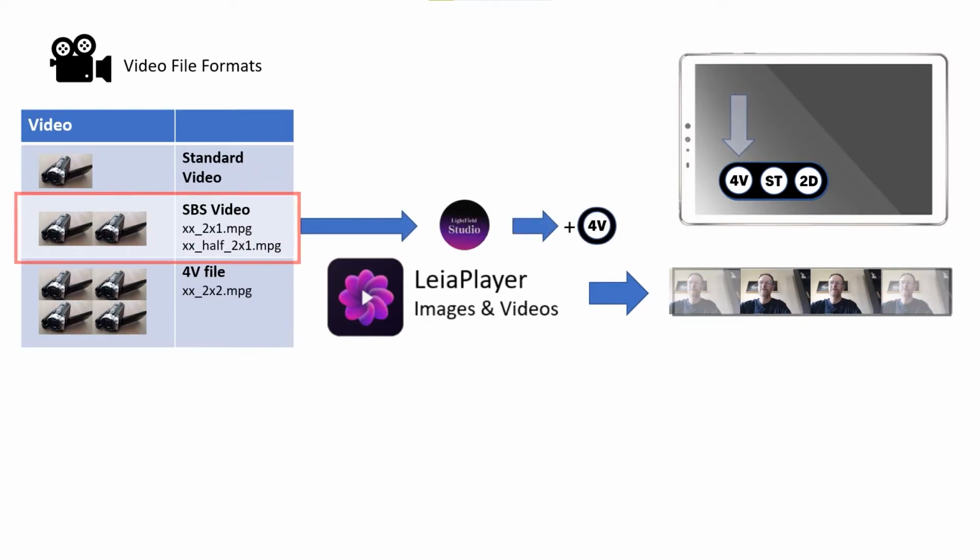And you do have the ability of changing the format so that it is natively 4-view as well, using the LightField Studio. If you feed that format into the LightField Studio, you can generate a 4V file that can then also be read by the LeiaPlayer.